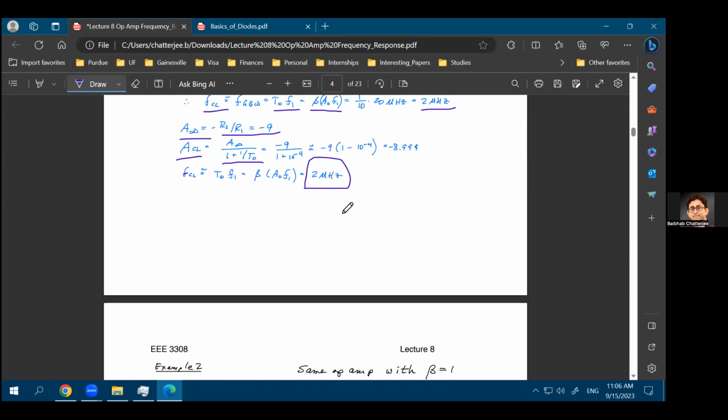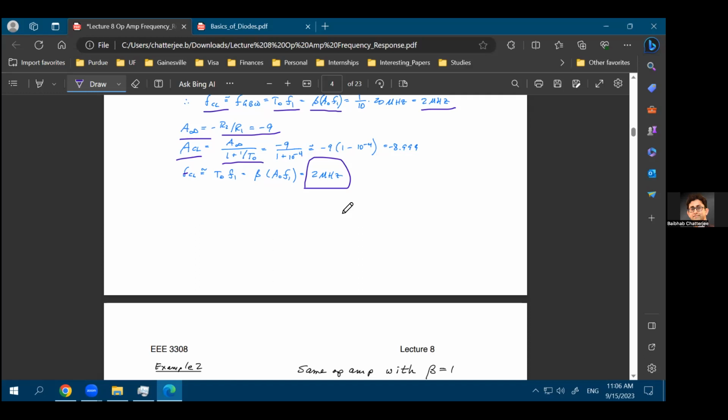Just to be very clear about the terminologies, this is gain open loop, this is frequency open loop, or the bandwidth of open loop. What is this point? This is the gain bandwidth product. So this point is A naught or AOL times FOL.